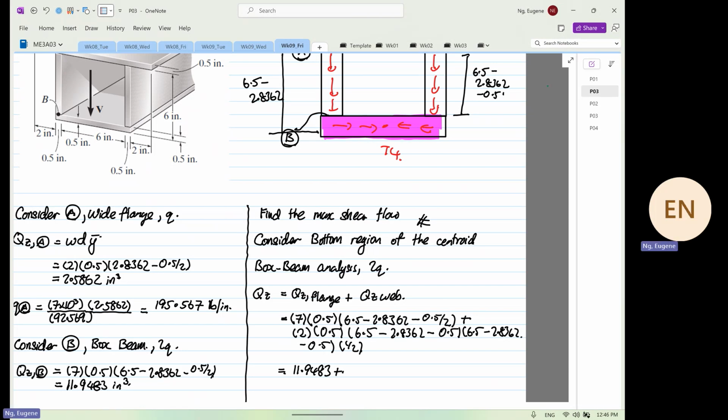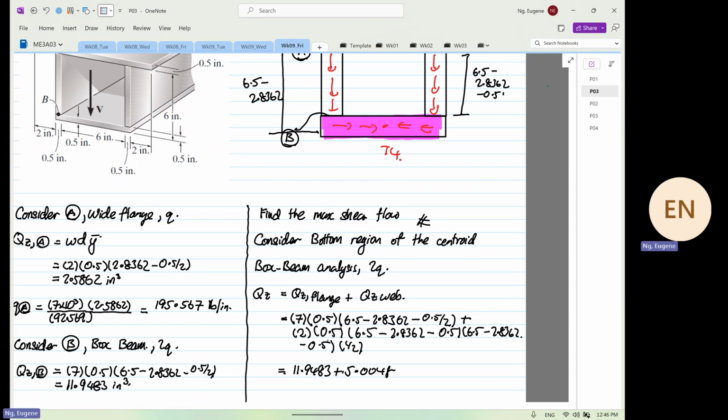Then 6.5 minus 2.8362 minus 0.5 squared times 0.5 times 2 divided by 2. I get 5.0048. Did I do something wrong? Hold on.